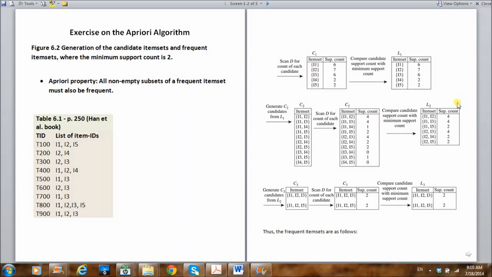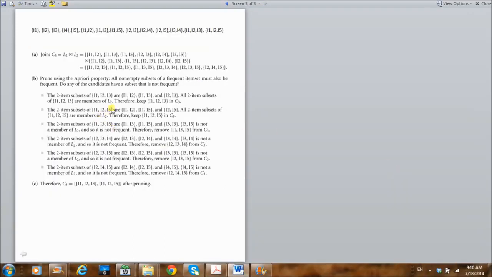Now let's look at the next one. We can join {I1, I2} with {I1, I5}. If you join these 2 item sets, we get the 3 item set {I1, I2, I5}. The subsets of {I1, I2, I5} include {I1, I2}, {I1, I5}, and {I2, I5}.